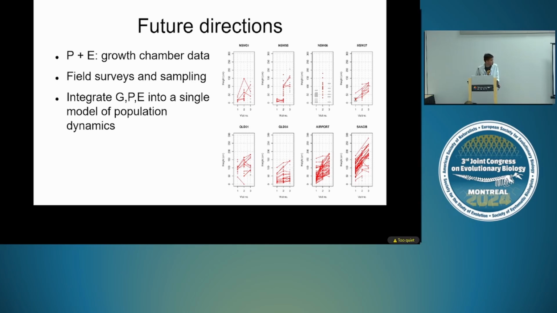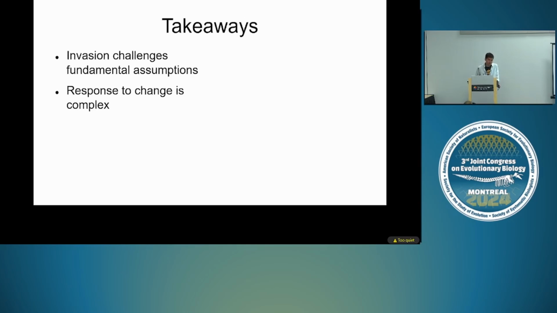So the main takeaways from my work is that this invasion process really challenges our fundamental assumptions about how phenotypes and genotypes are correlated with each other. Something I found a lot is this tendency to think of an invasive species as just individuals that are found elsewhere, but that's not really what we're seeing here.